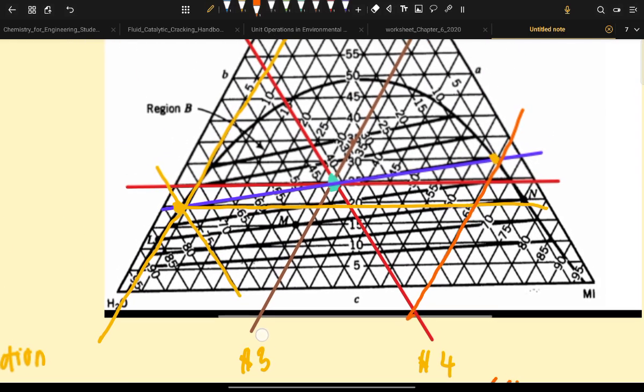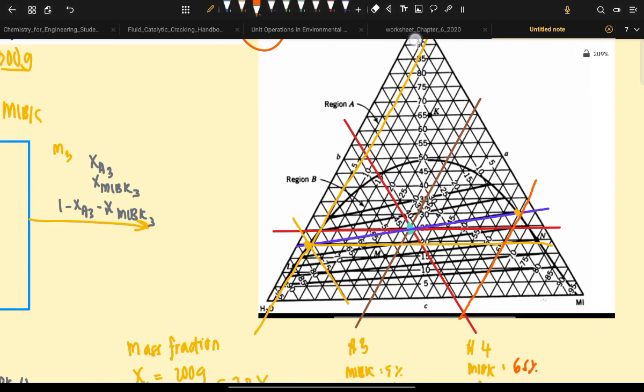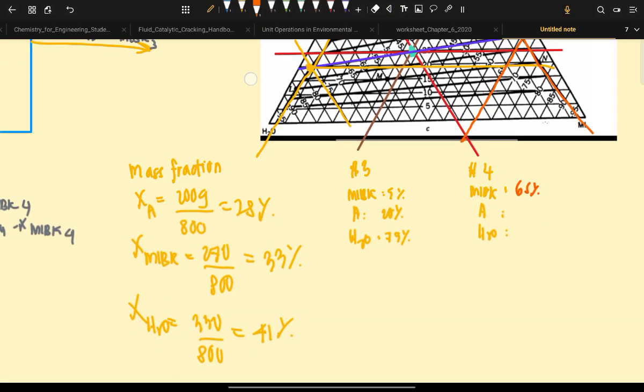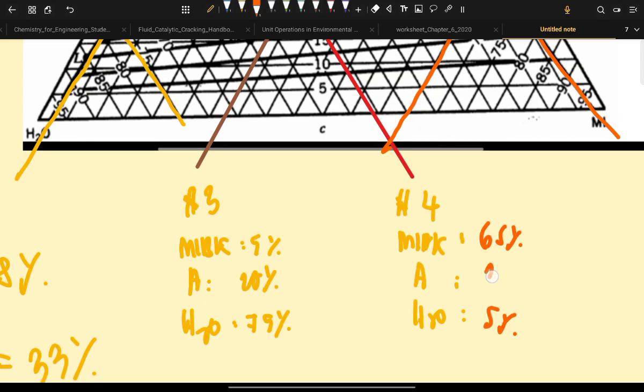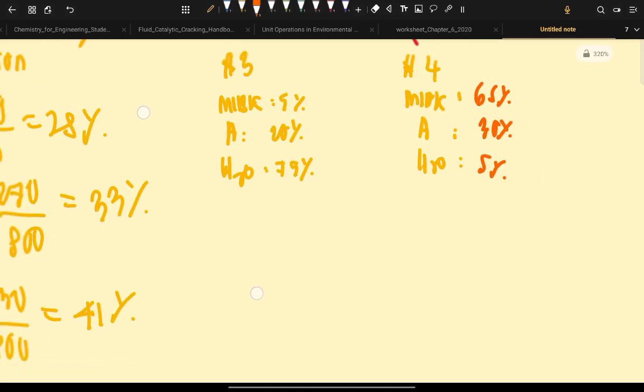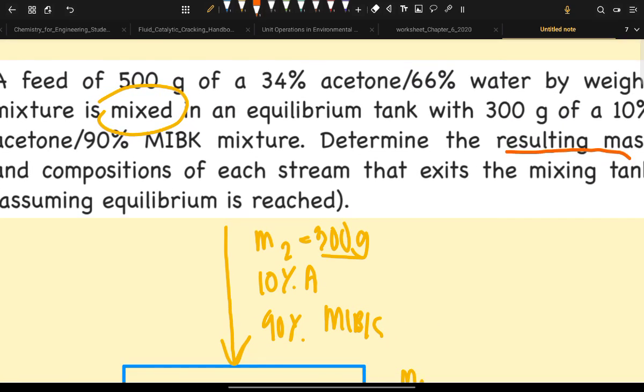Then doing the H2O, which is 5% of H2O. And then the acetone, here we get 30% of acetone. The straight line one. Okay, 30% of acetone. So this is your answer for the composition of the streams.